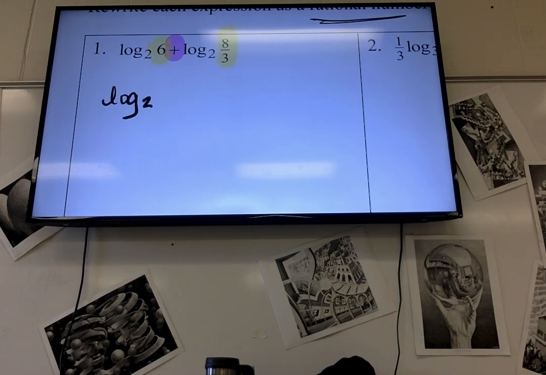So we're going to take 6 and multiply it times 8/3. We can simplify that. I can cross cancel. 3 goes into 3 once, 3 goes into 6 twice. So log base 2 of 16.